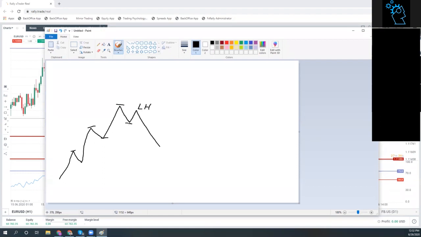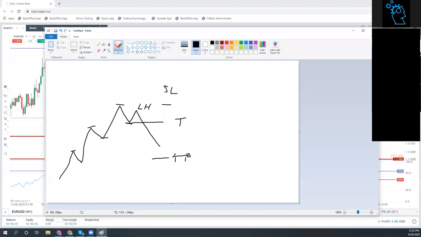Now in this scenario, you can use this level in order to trade, set your stop loss above the previous high and your target somewhere around here based on your risk to reward ratio. And this is the trigger point, the trigger.